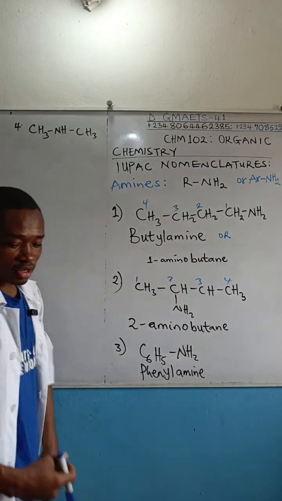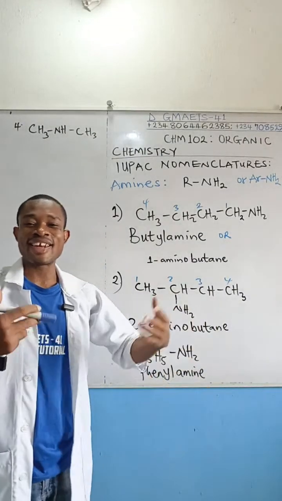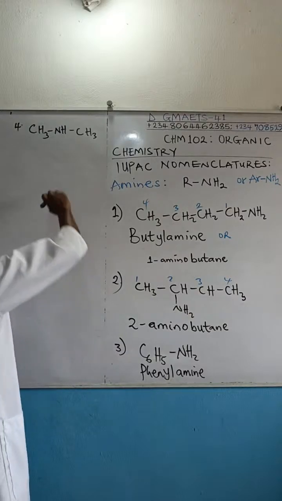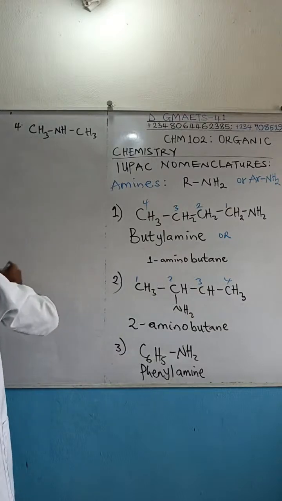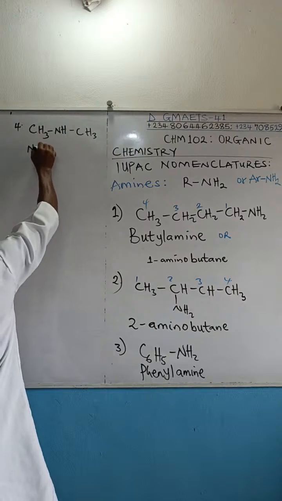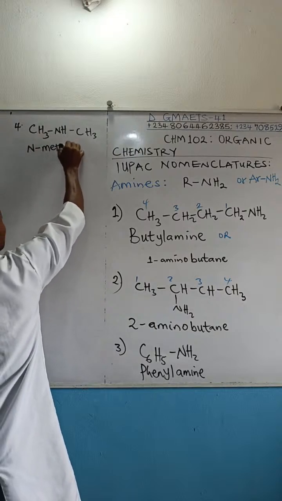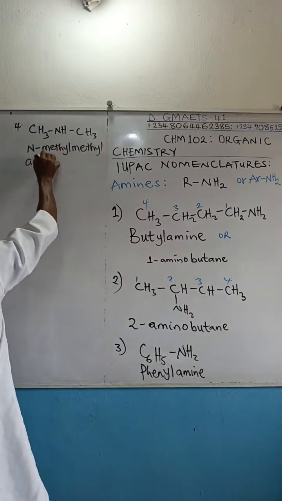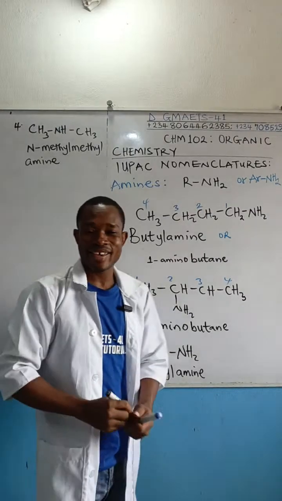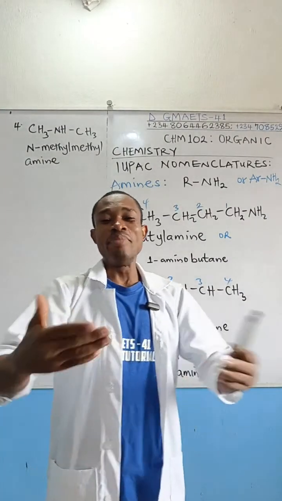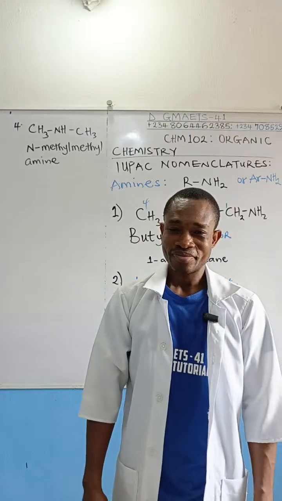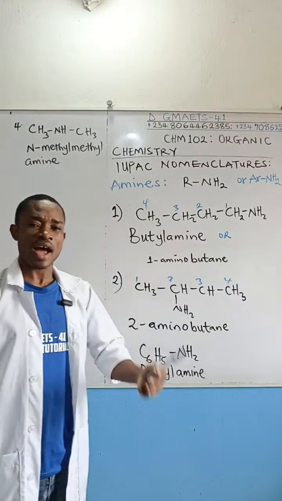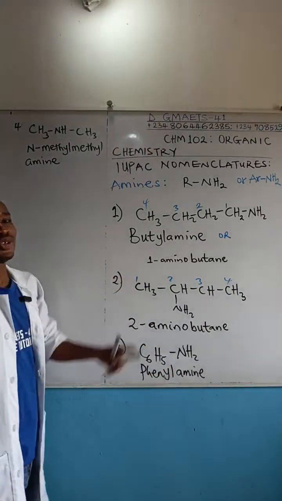And you have the concept of N-alkyl, but the alkyls here are the same thing. Now this is what I'm going to do. We have N-methylamine. But why will I say methyl when it is the same group? Are you getting me right? That was what I was trying to tell you: although I use alkyl, if the groups are the same, you don't repeat it.